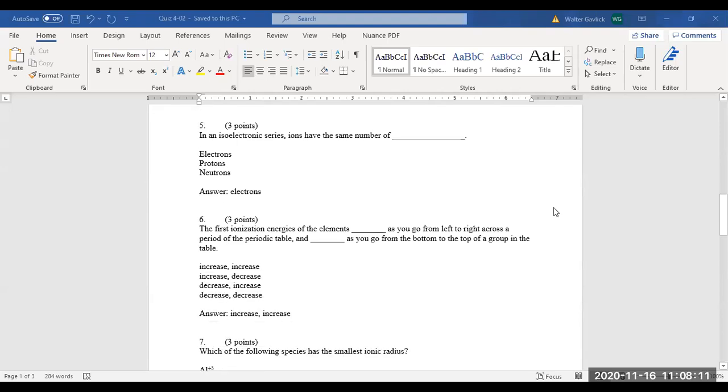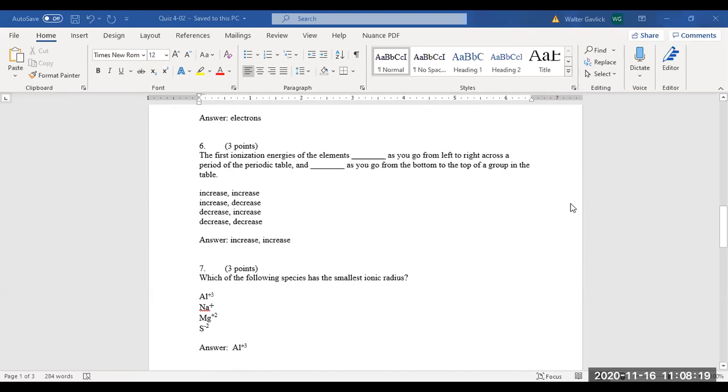Number 5, in an isoelectronic series, ions have the same number of, the answer is electrons. Number 6, the first ionization energies of the elements blank as you go from left to right across a period of the periodic table, and blank as you go from bottom to top of a group, and the answer was increase and increase.